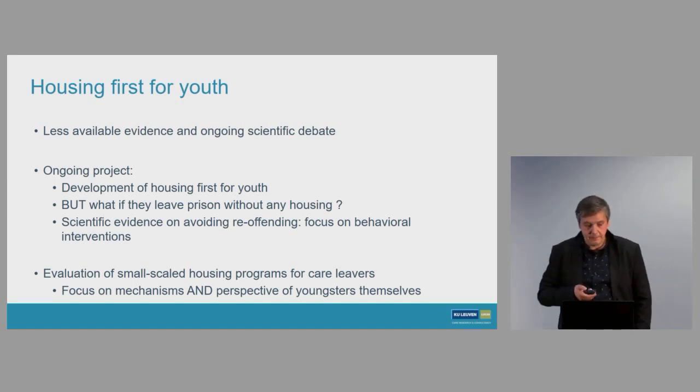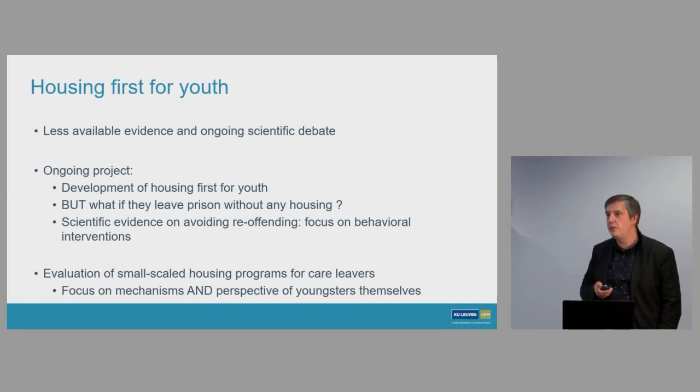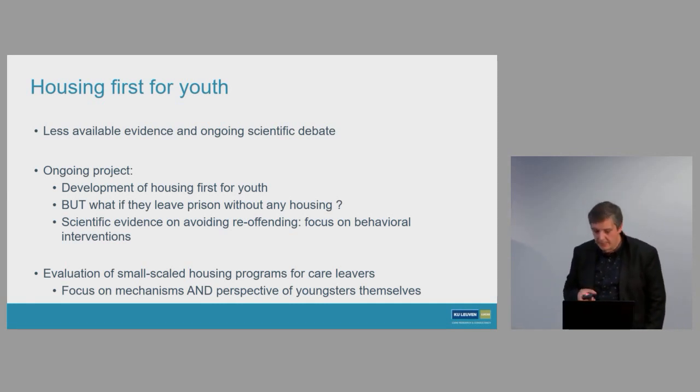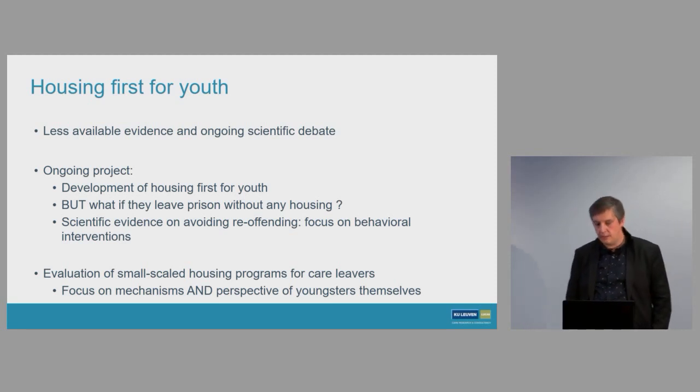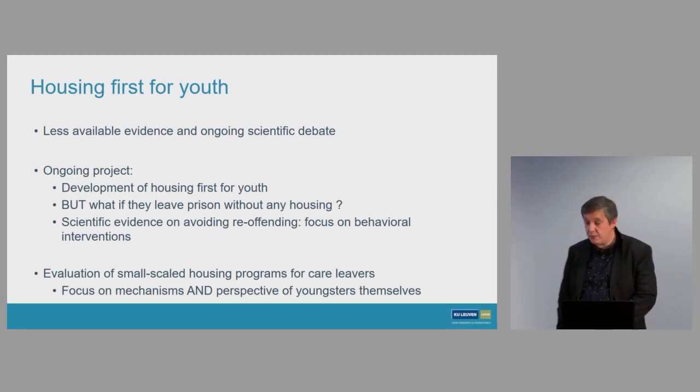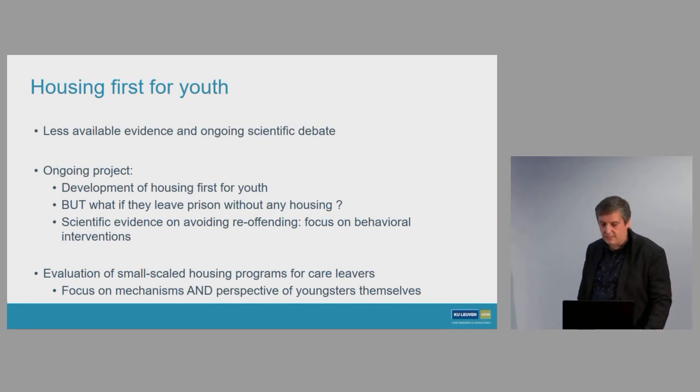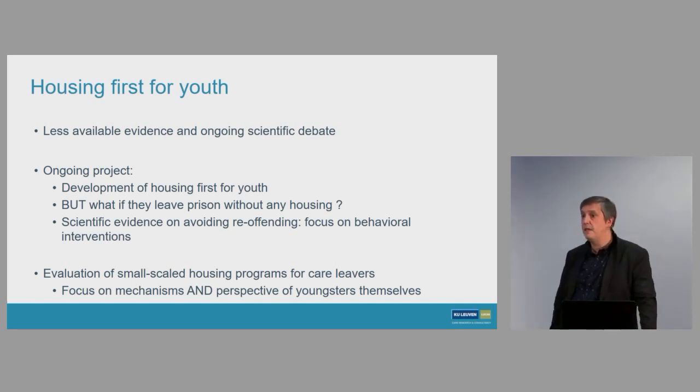And last year we did a literature review on housing first for youth. And what's interesting, the youth care organization is very much in favor of this housing first, but at the same time says, yeah, we have also a lot of youngsters between 18 and 25 who have been in prison. And thus, does housing first for youth also work for youth who come from prison?